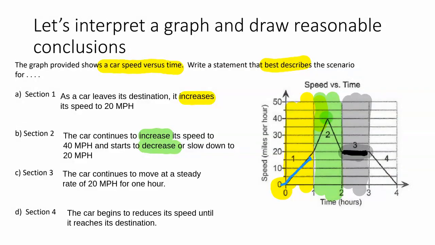It begins to decrease its speed. See, we are going down. It's reducing. Now, could you say decreasing its speed? Yes. You can also say decrease. This is describing the situation.